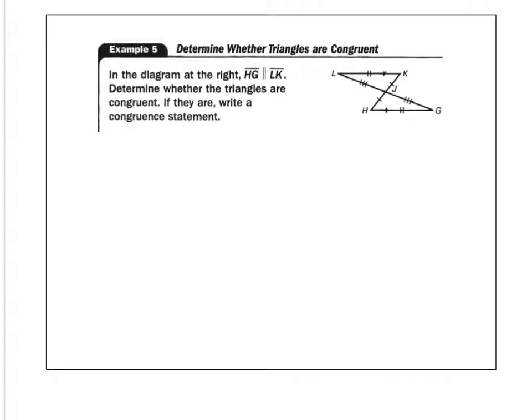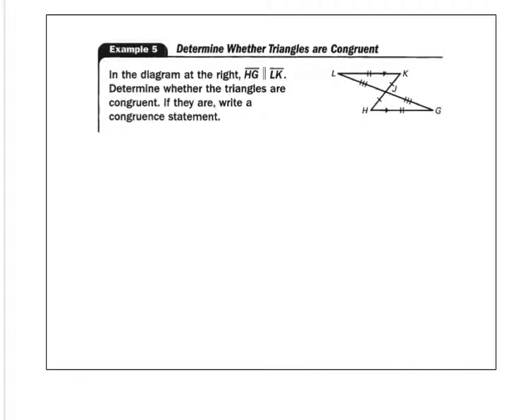This one is a little bit more complicated. The reason for that is it actually pulls information from chapter 3 that you need to recall. But let's take it slow. Let's see what we have here. In this diagram, HG and LK are parallel. Interesting.